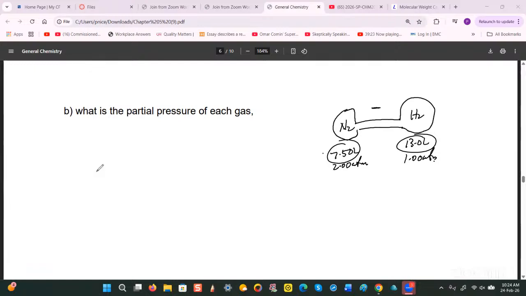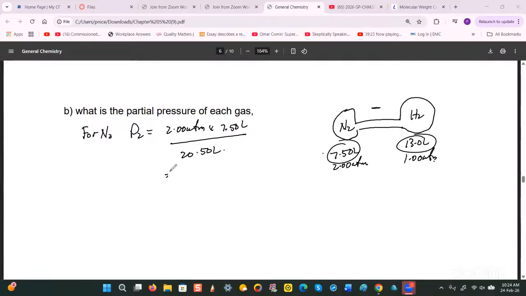So for nitrogen, P2, which is the final pressure, will be equal to the initial pressure, which is 2.00 atmospheres, times the initial volume, which is 7.50 liters, divided by the final volume, which is 20.5 liters, right?